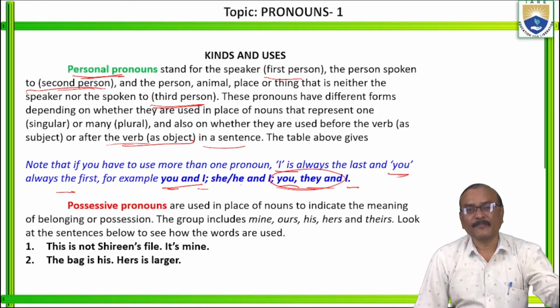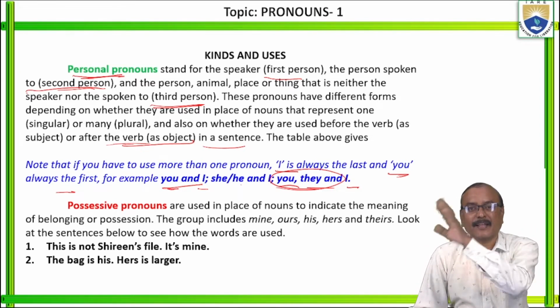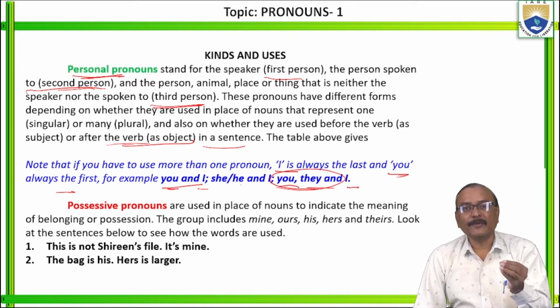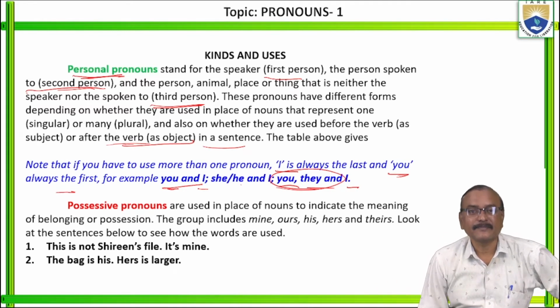But if it is negative, unpleasant information, first person only, I, then you, then he. I, you and he failed in the exam. Failed is the negative one.